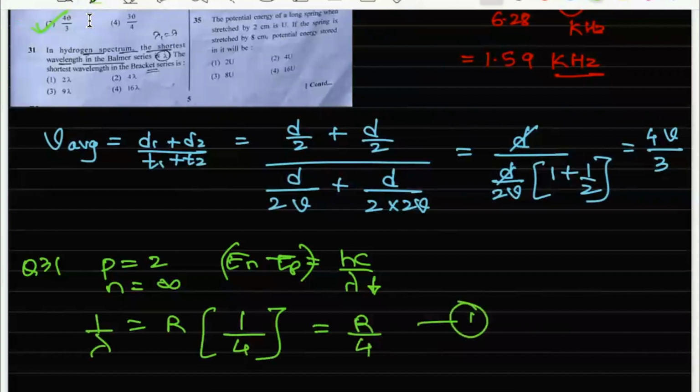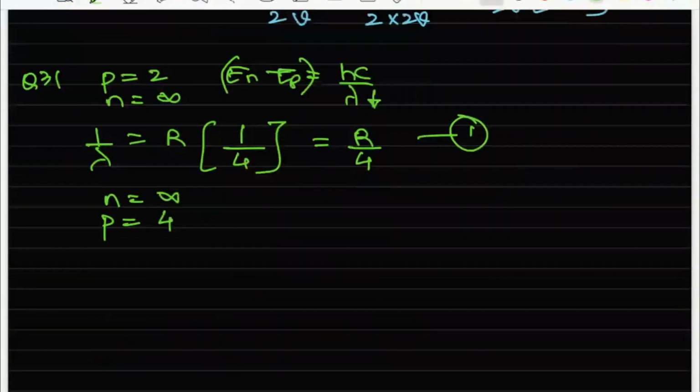Okay. And the shortest wavelength again. So again the n value is infinity, because gap maximum means the wavelength minimum. Yeah, and we want the shortest wavelength. So the bracket series: Lyman, Balmer, Paschen, Brackett would be 4. So if I do this, what do I get?